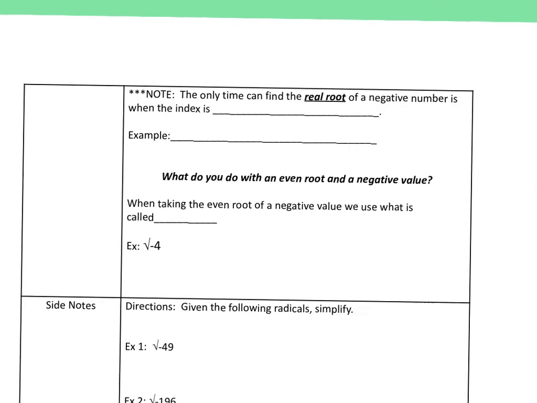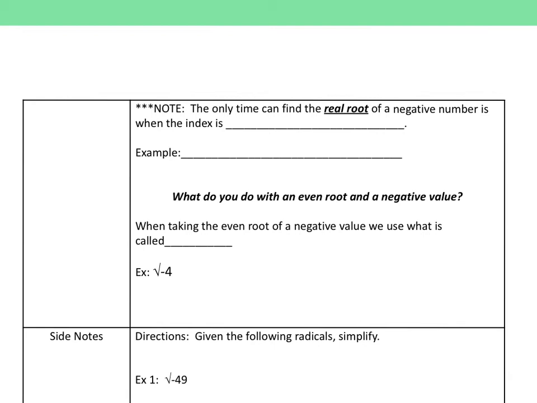So here is the important part. Note, the only time that you can find the real root of a negative number is when the index is odd. And here's the reason why. If I have the cubed root of -8, like what we just did, if it's a cubed root, that means I have 3 of the exact same number being multiplied to get me that radicand.